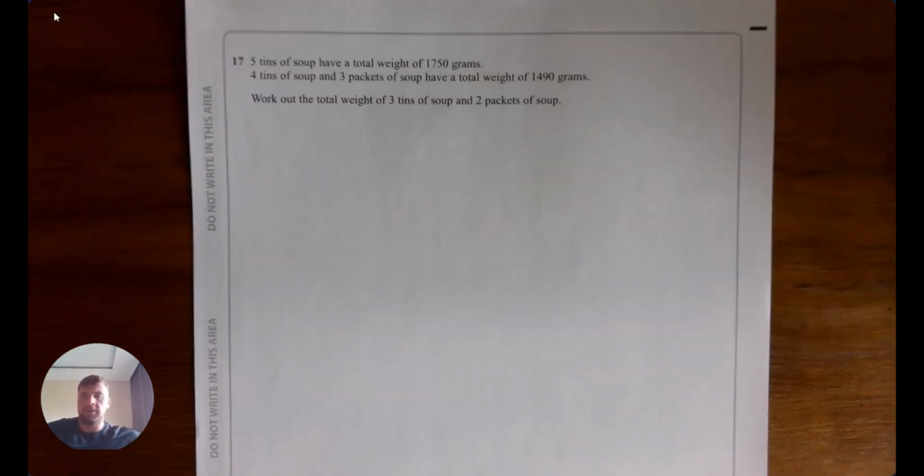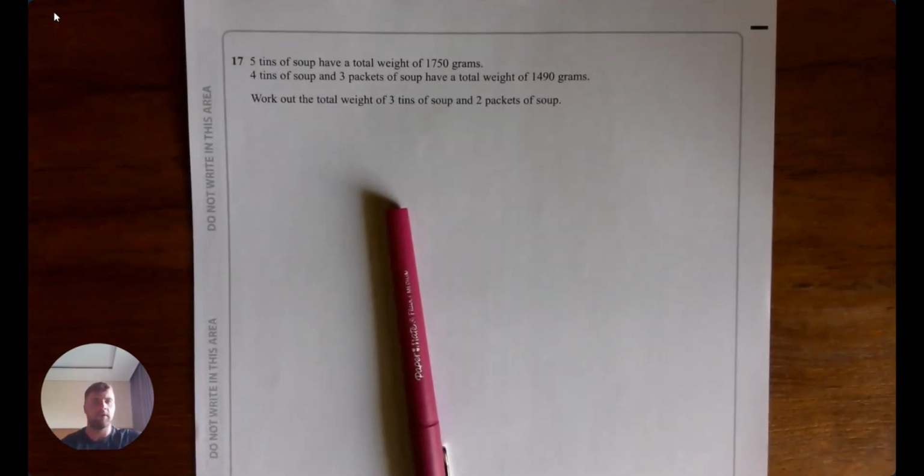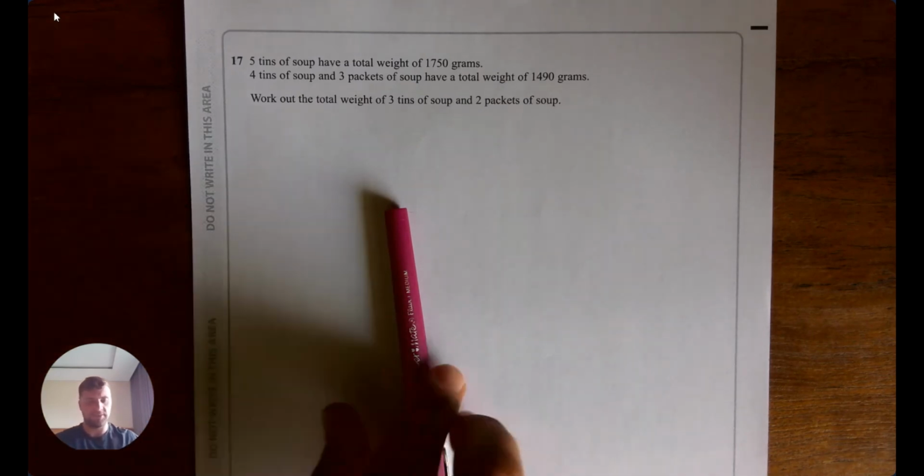Okay, question 17. So 5 tins of soup have a total weight of 1,750 grams. 4 tins of soup and 3 packets of soup have a total weight of 1,490 grams. Work out the total weight of 3 tins of soup and 2 packets of soup. So first things first, it's told you that 5 tins of soup have a total weight of 1,750.